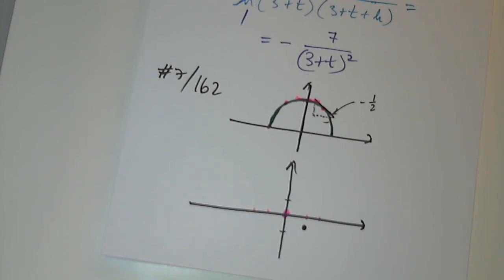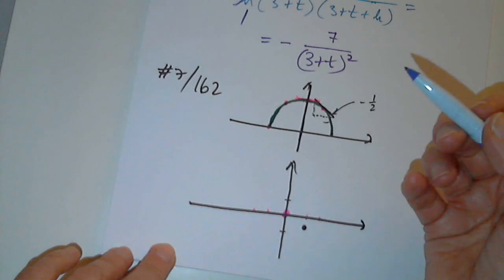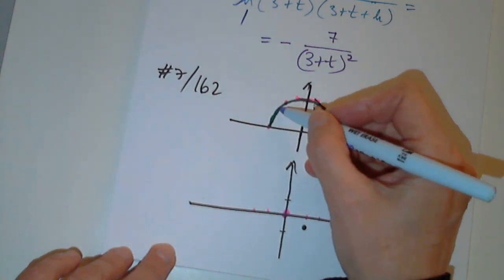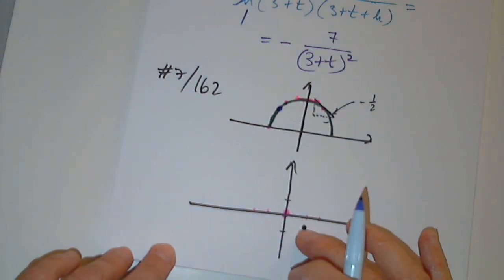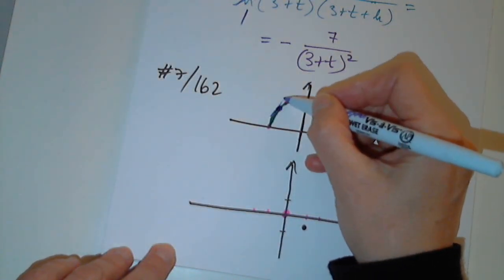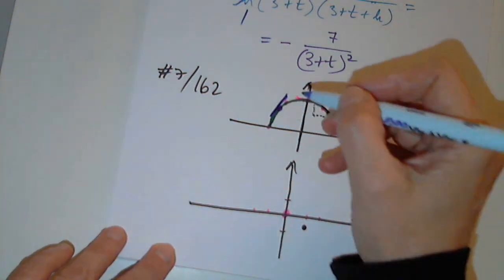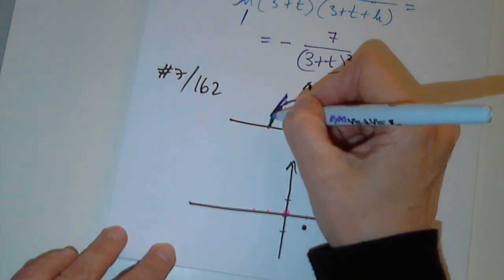Okay, I move on to this one on this side. I draw the tangent. I don't want it to be symmetric, so I'm going to move a little bit to the left. I already found -1/2 here. So let's say here, this is my tangent. I'm going to estimate it.